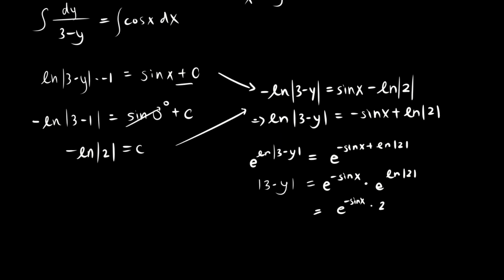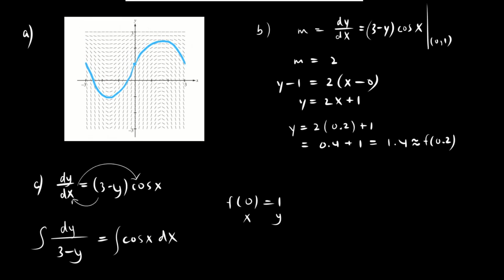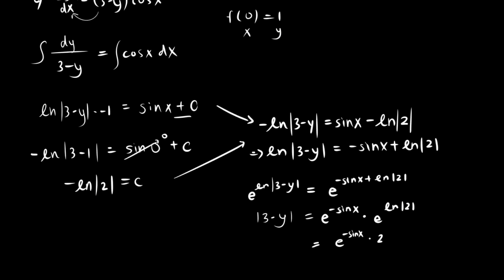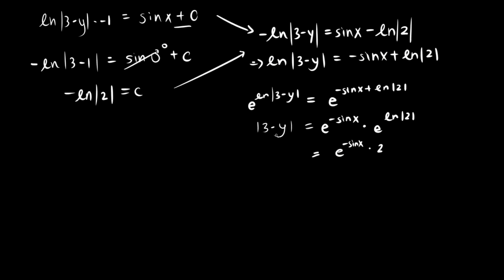But luckily for us, if we look up here at our original solution curve that we drew using the slope field, we can get the basic idea that your y value will always be less than 3. So if your y value is always less than 3, that means that this expression here is always going to be positive. So we can just rewrite this absolute value term here into just normal 3 minus y.